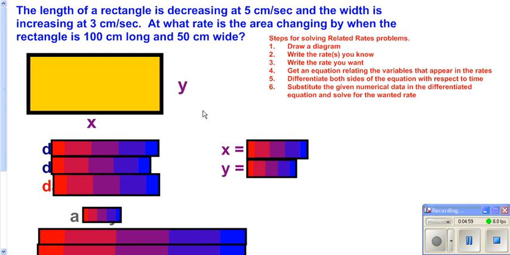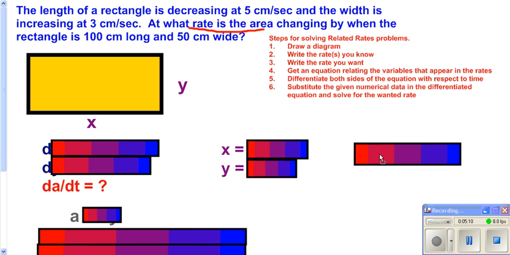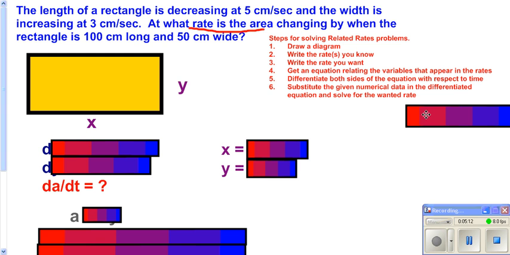What we're wondering is, what's the rate of change of the area? Your rate of change of the area is dA/dt, and that's what we're looking for. You also have that the length is decreasing at this rate.